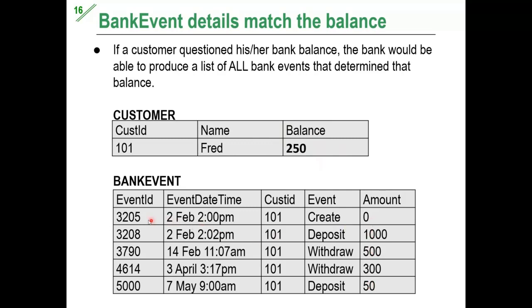In this case, for customer 101, Fred, with this event ID, first he opened the account with $0, then he deposited $1,000 on 2nd February, then withdrew $500 on 14th February, then withdrew $300 on 3rd April, then deposited $50 on 7th May.